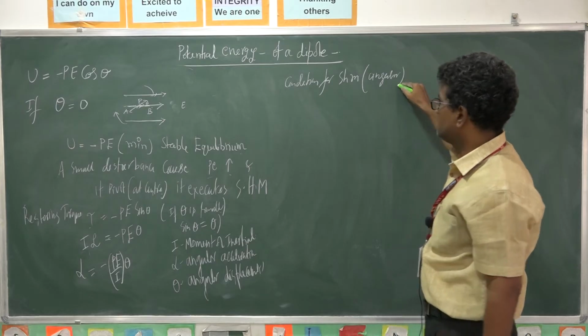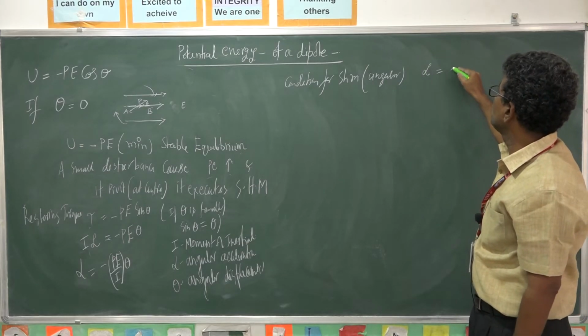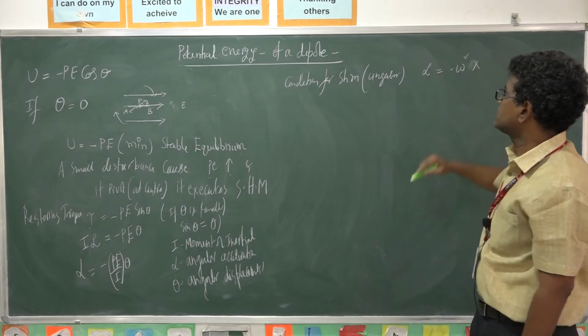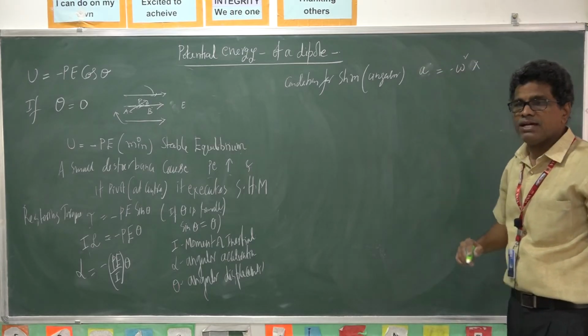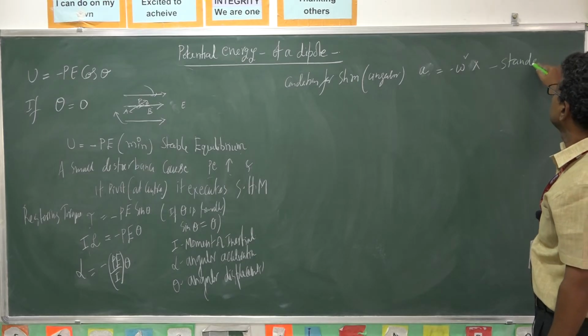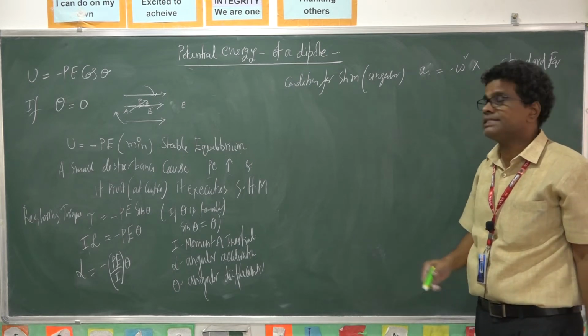What is that? We have a is equal to minus omega square x. This is the standard equation for SHM, the essential condition for SHM.